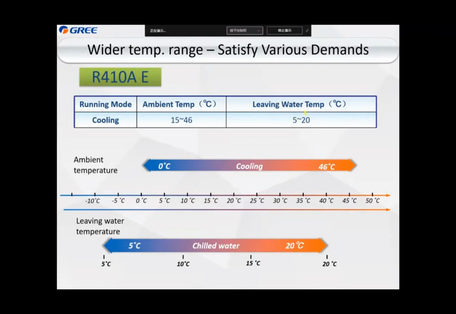So for the E series, with the lower cooling load, the unit can realize more energy saving, because the leaving water temperature, you see, can reach 20 degrees. So under 20 degrees, the unit will consume less energy.